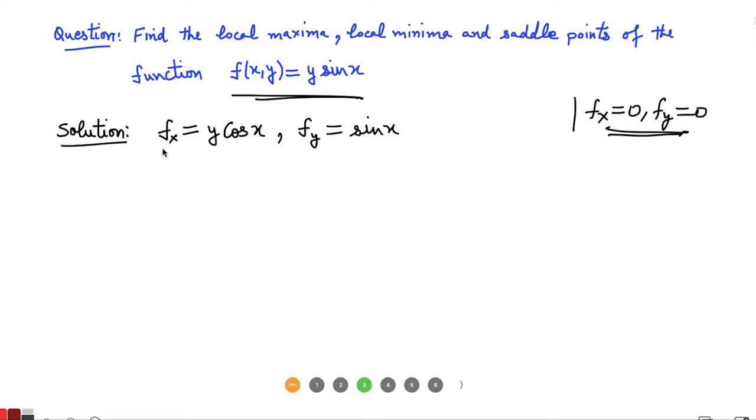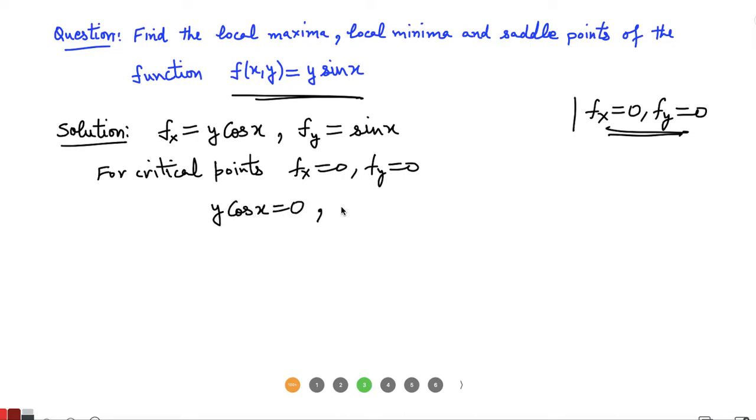That means for critical points of this function, we put fx = 0 together with fy = 0, so y cos x = 0 and also sin x = 0.